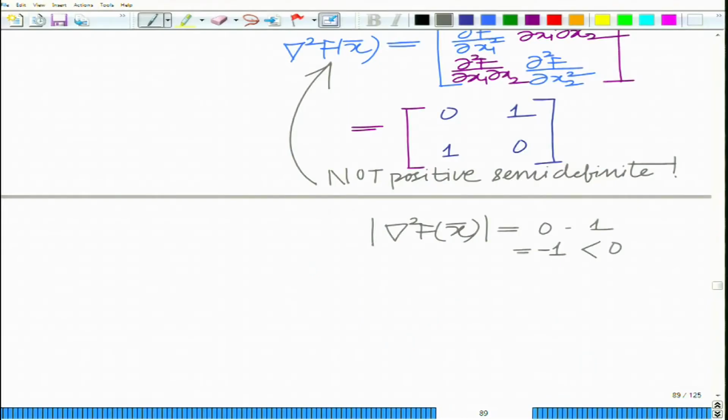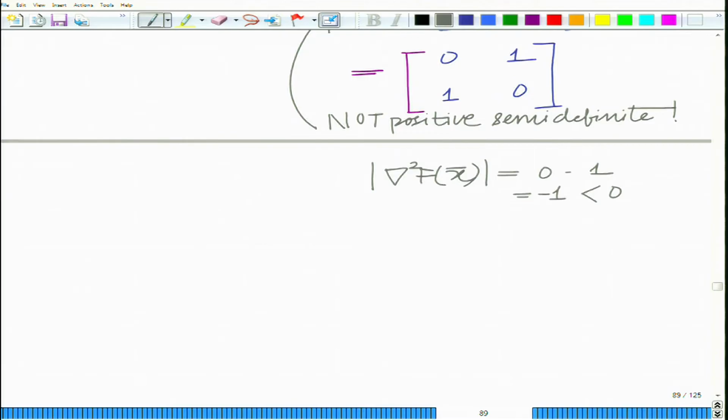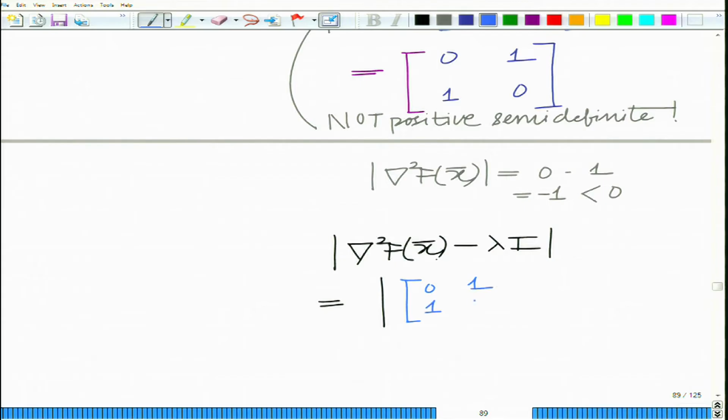In fact, if you compute the eigenvalues, that is, find the characteristic polynomial, the determinant of the Hessian minus lambda times I, this is equal to the determinant of 0 1 1 0 minus lambda times 1 0 0 1.